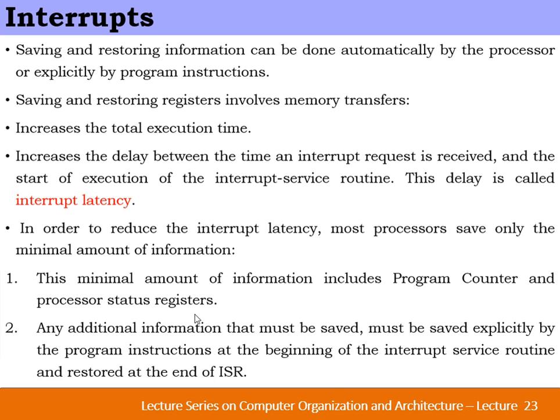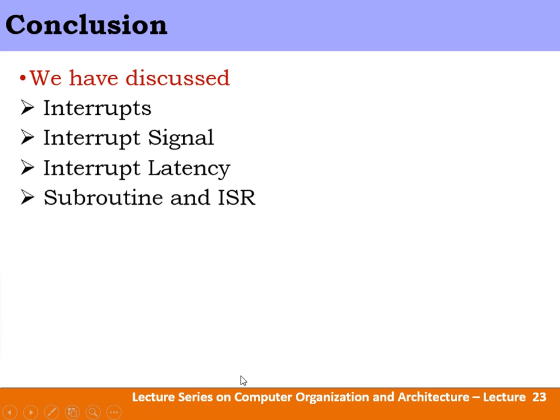Suppose I want to save some additional information also. Such additional information can be saved explicitly by program instruction at the beginning of the ISR, and it is restored at the end of the ISR.